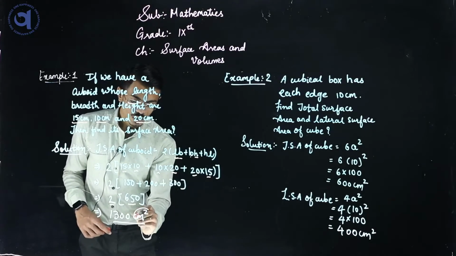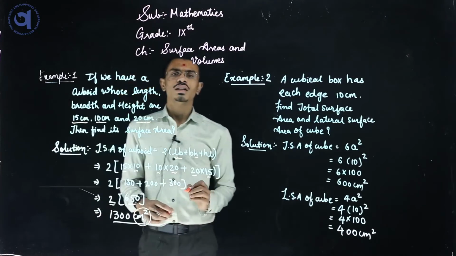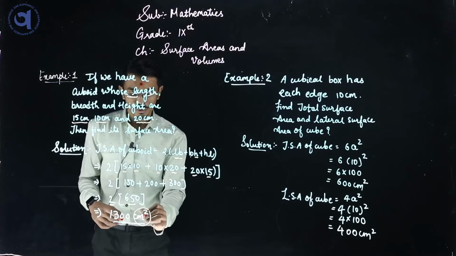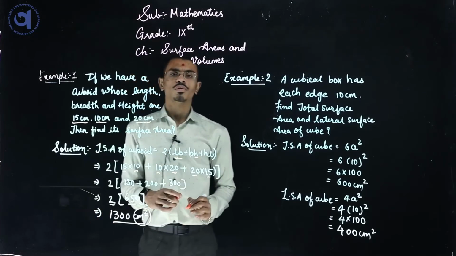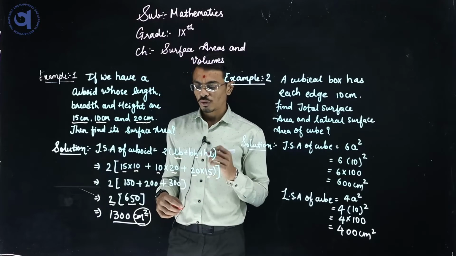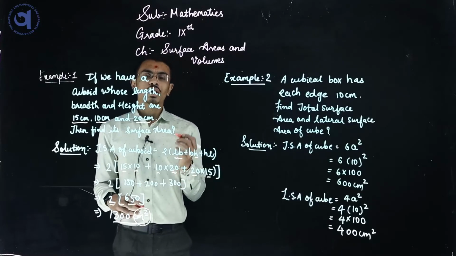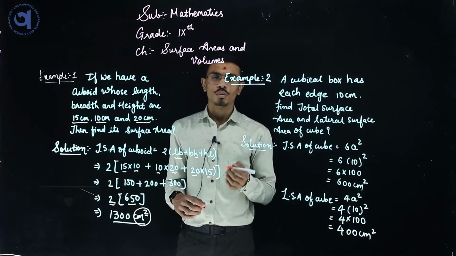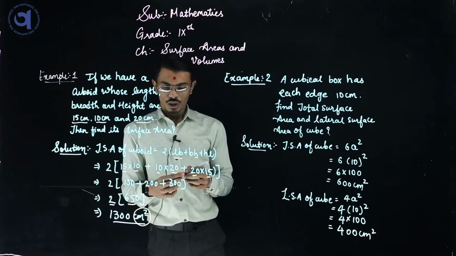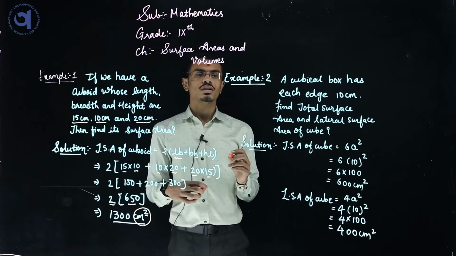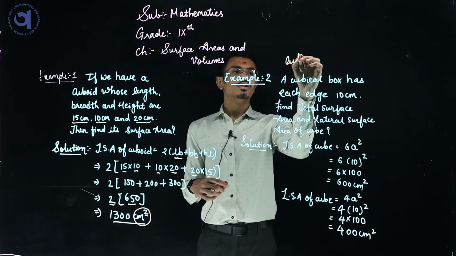One thing to remember is that area will always be written in centimeter square, meter square, or any unit in terms of square. And whenever volume comes, which we are going to discuss further, we will consider centimeter cube, meter cube. Clear?